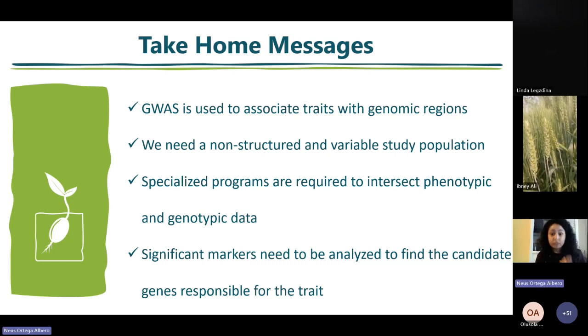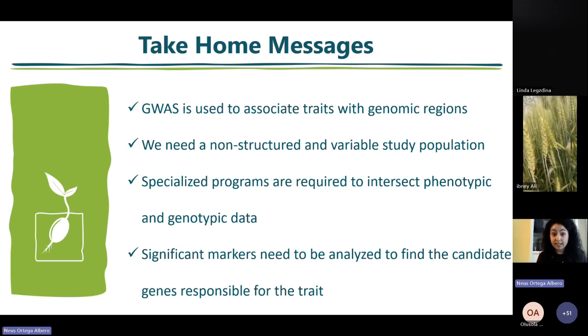To do a GWAS, we need a non-structured, variable population, which has not only a lot of phenotypical variation for the trait that we want to study, but also genetic variability.